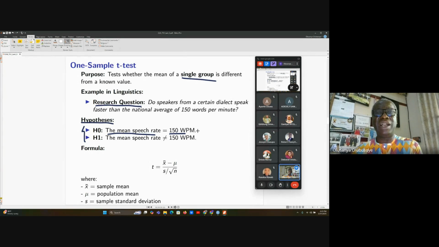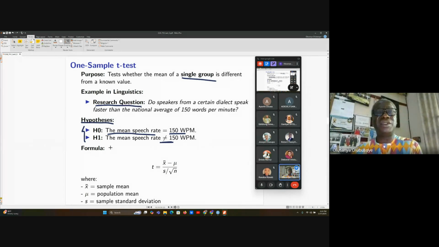And you remember, for H naught, we always say there is no difference between the mean speech rate and whatever value is here. But for the alternative, we always say there is a difference. So the mean speech rate is different from 150 words per minute.